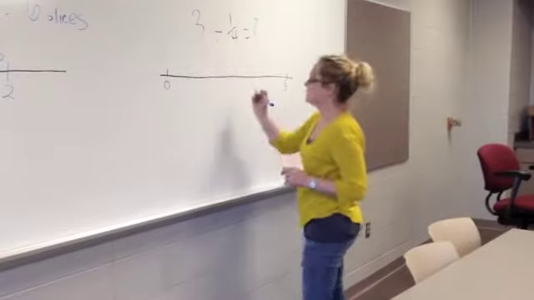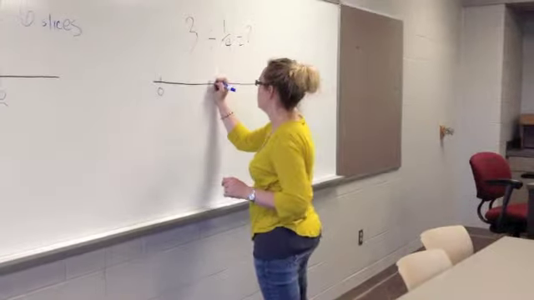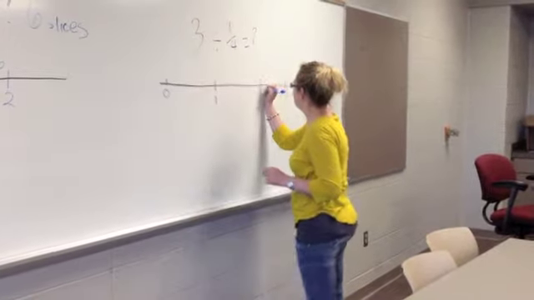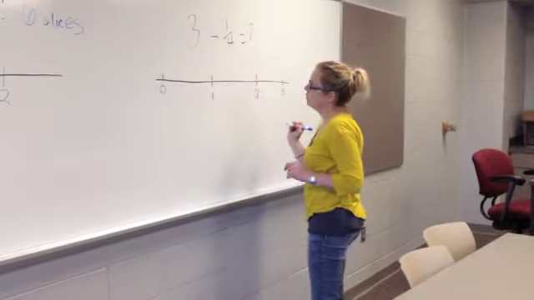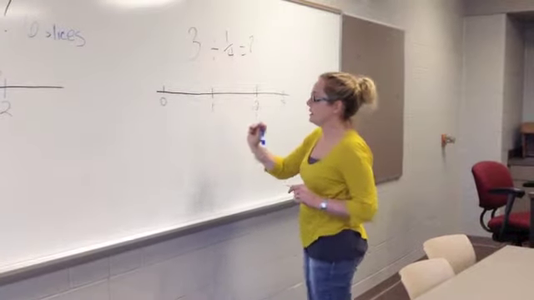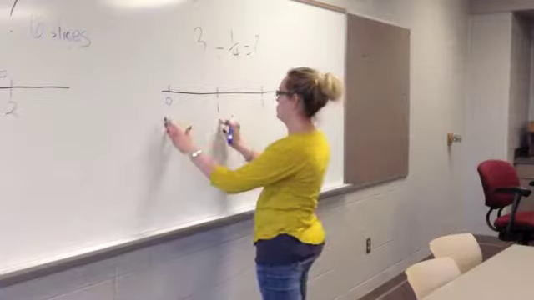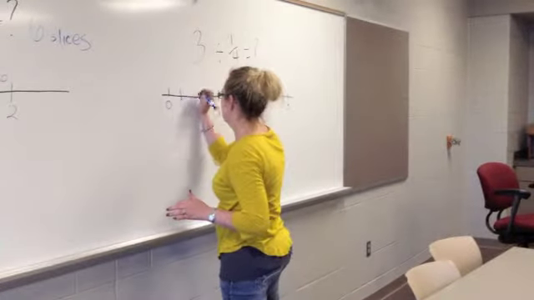And then we have to put our other units in, so it's 1 and 2. And then because we're dividing by 1/4, we have to divide each unit by 4. Very good.